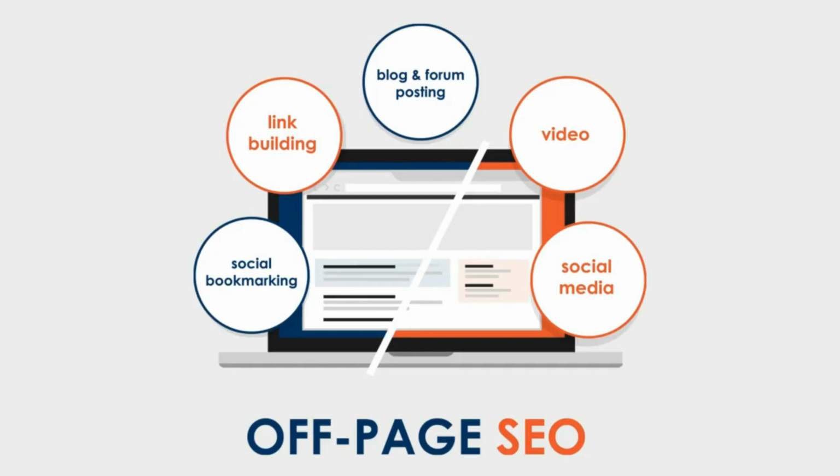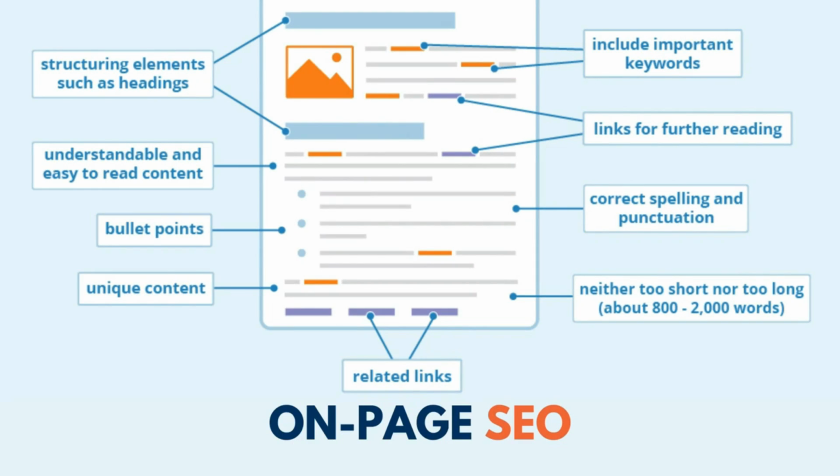But for this video, I want you to know that citation building is really a big and integral part of local SEO techniques, as well as it falls under the umbrella of what we call off-page SEO work, or work that is done off of your website, as opposed to on-page SEO, which is work done on your website.